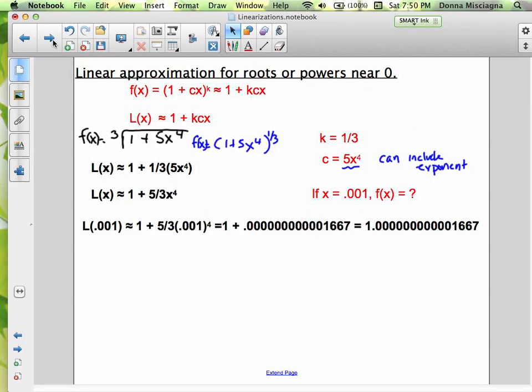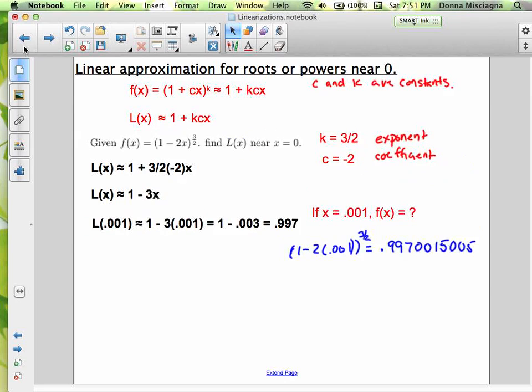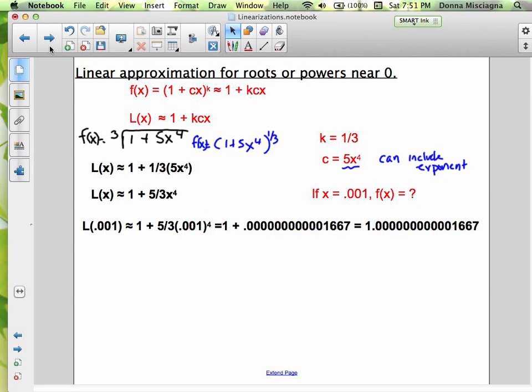There's a few little interesting things. Here, x didn't have an exponent. If x has an exponent, it just gets included with c. So here we're using our model, f of x equals 1 plus c of x to the k power.